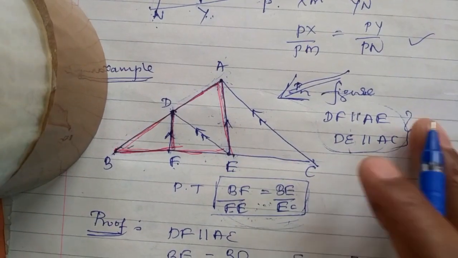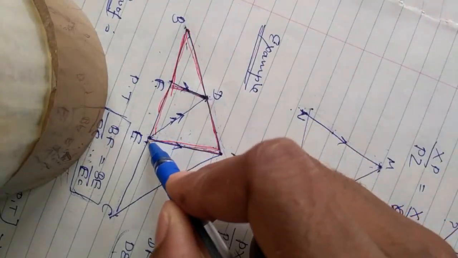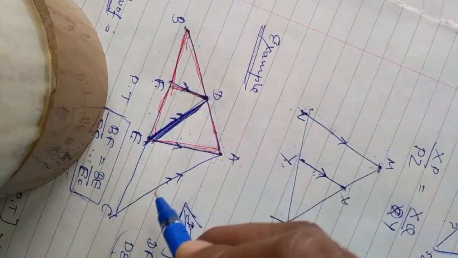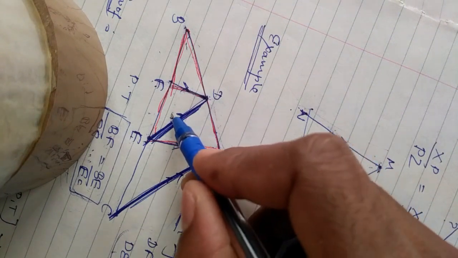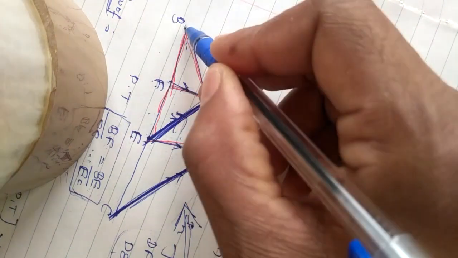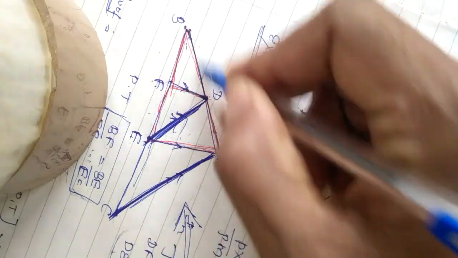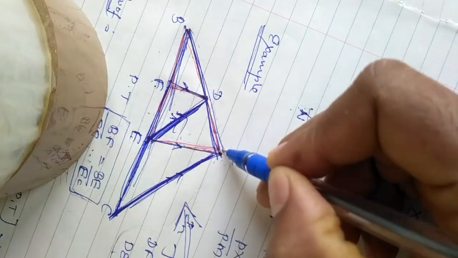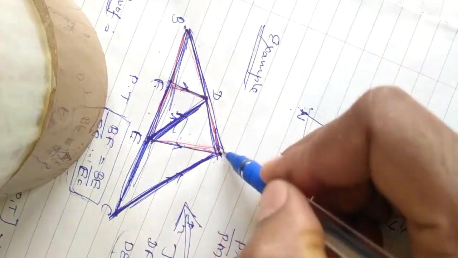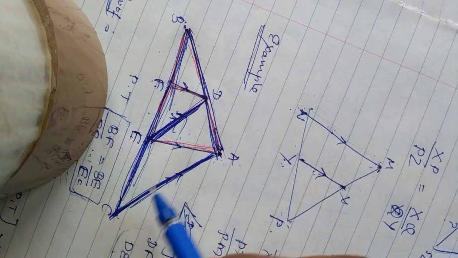One more set of triangles is there. For that triangle, again I turn the diagram. Now this time take this. These two are another pair of parallel lines. And the diagram is this. Now, the big triangle I'm taking, BCA.